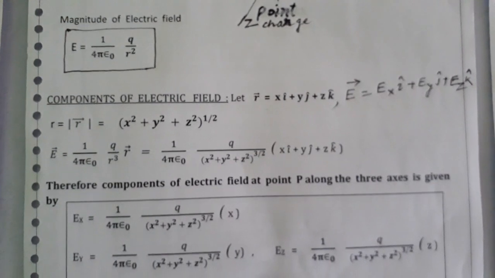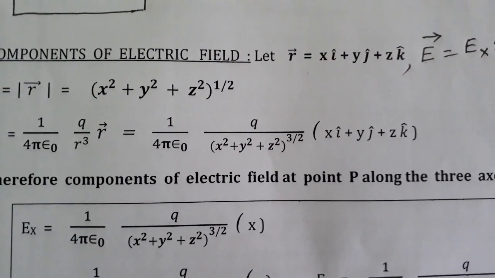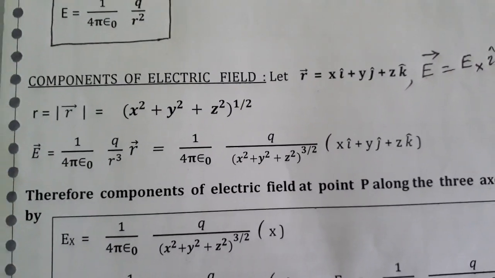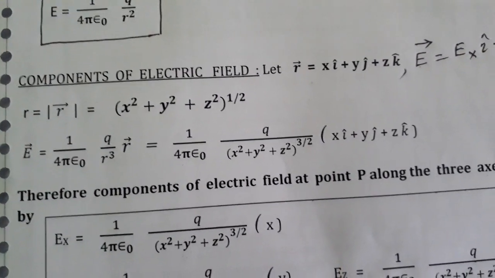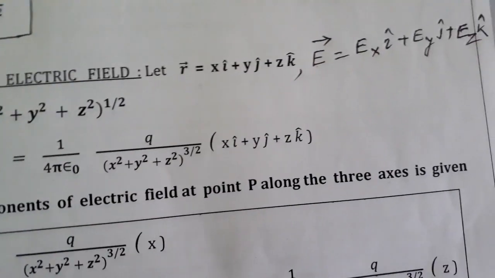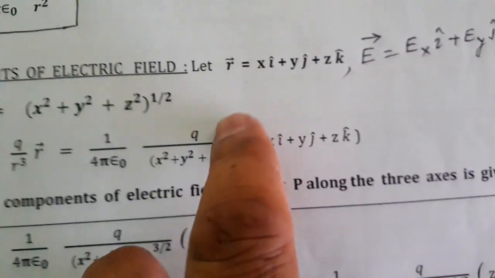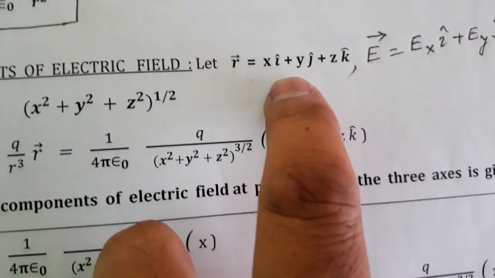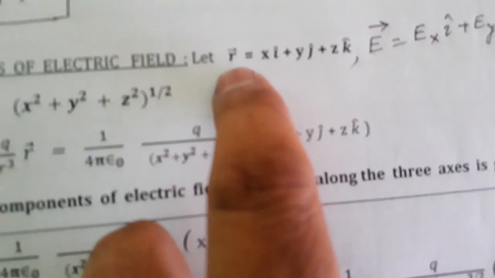Now we can get three components of electric field easily, because we know that a vector may be represented in terms of its components. So vector E has three components along x, y and z axis, and vector E may be represented like Ex i plus Ey j plus Ez k, and vector r also has three components along x, y and z axis. So vector r may be represented like x i plus y j plus z k.